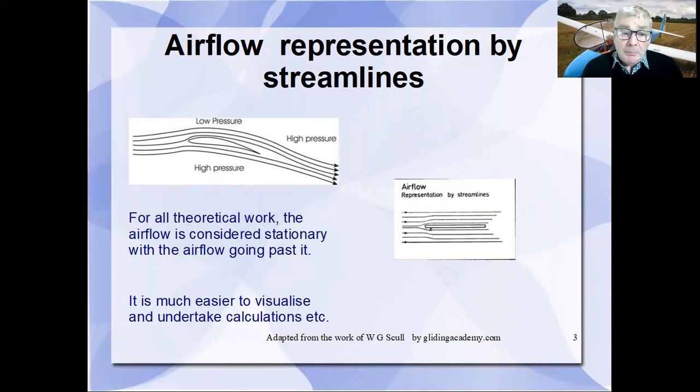In reality, however, it's the wing which is moving and it's the air that is stationary. And this is quite an important thing just to bear in mind, because although the drawings in books and so forth are very helpful, they can sometimes lead to a bit of confusion. So just remember the wing is the thing that's moving and the air is the thing that's stationary.